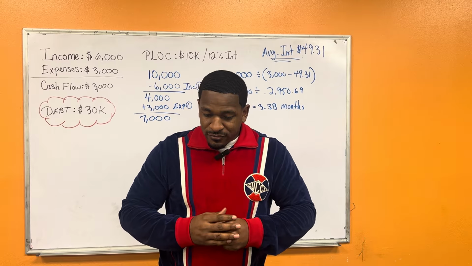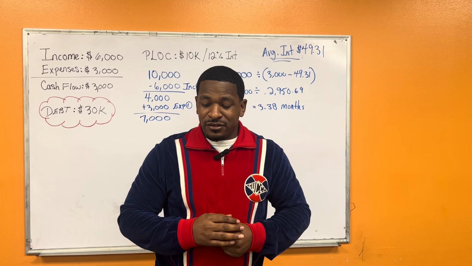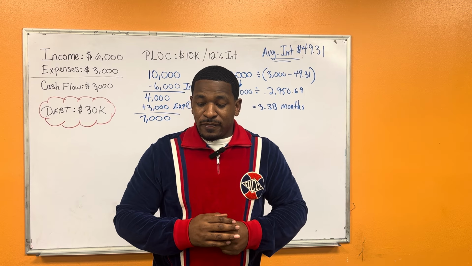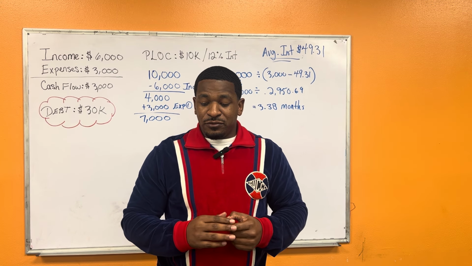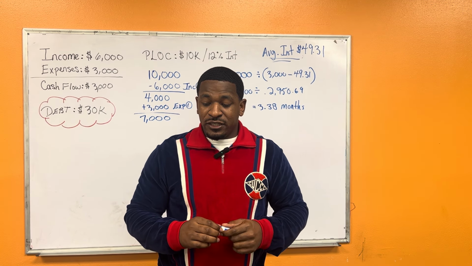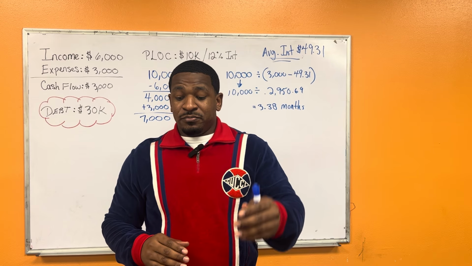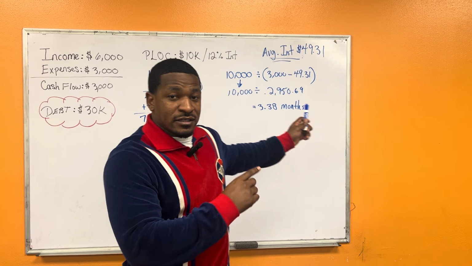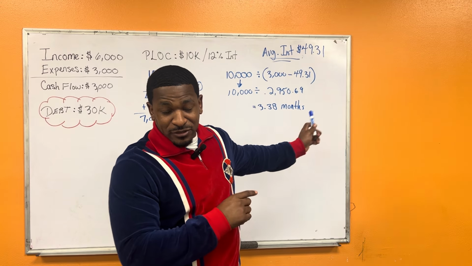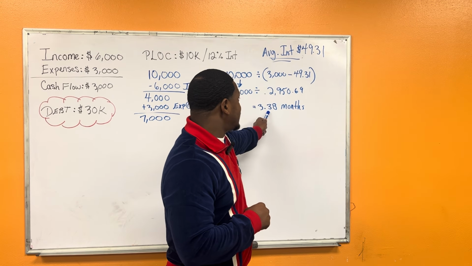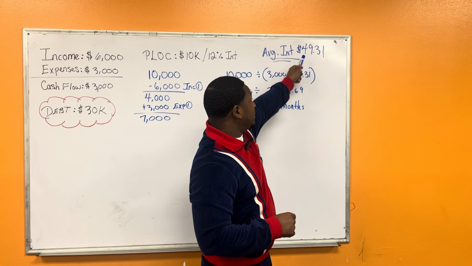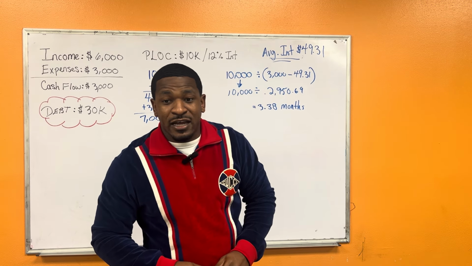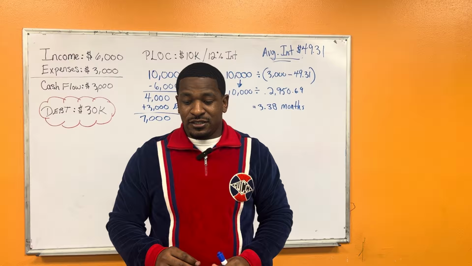So the way that we find that out is, the first thing we do is we multiply time, the time that it takes, and we times it by the average interest.